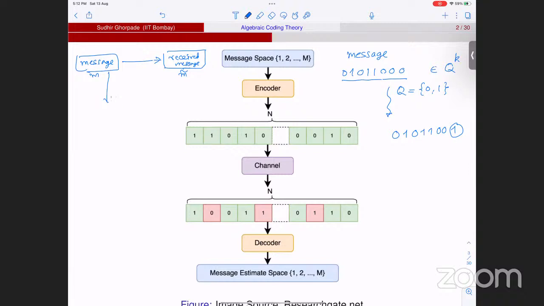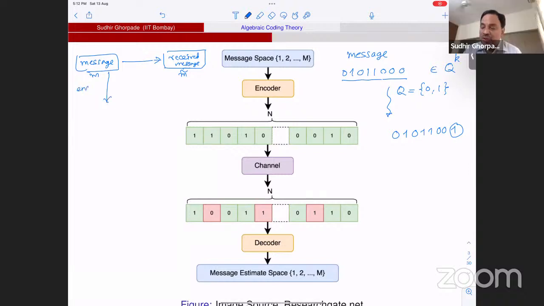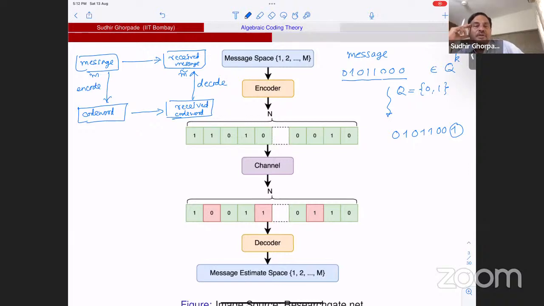So what coding theory tries to do is you encode that message into something called a code word, and you send that across. Then you have the received code word, and you can try to decode, and you would then get something which is typically much closer to the original message than what would have happened otherwise.